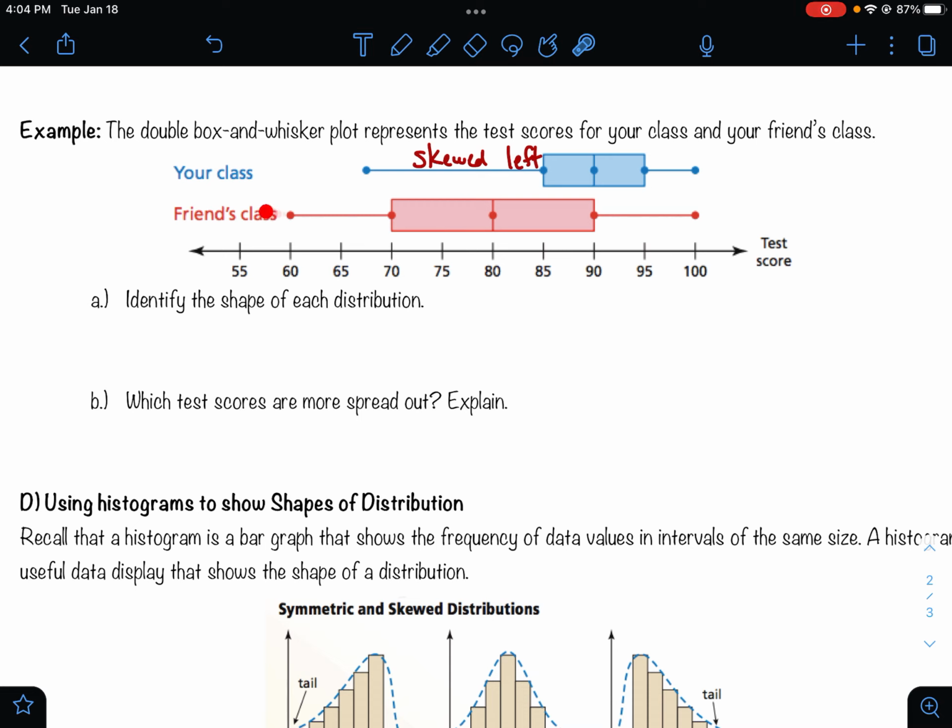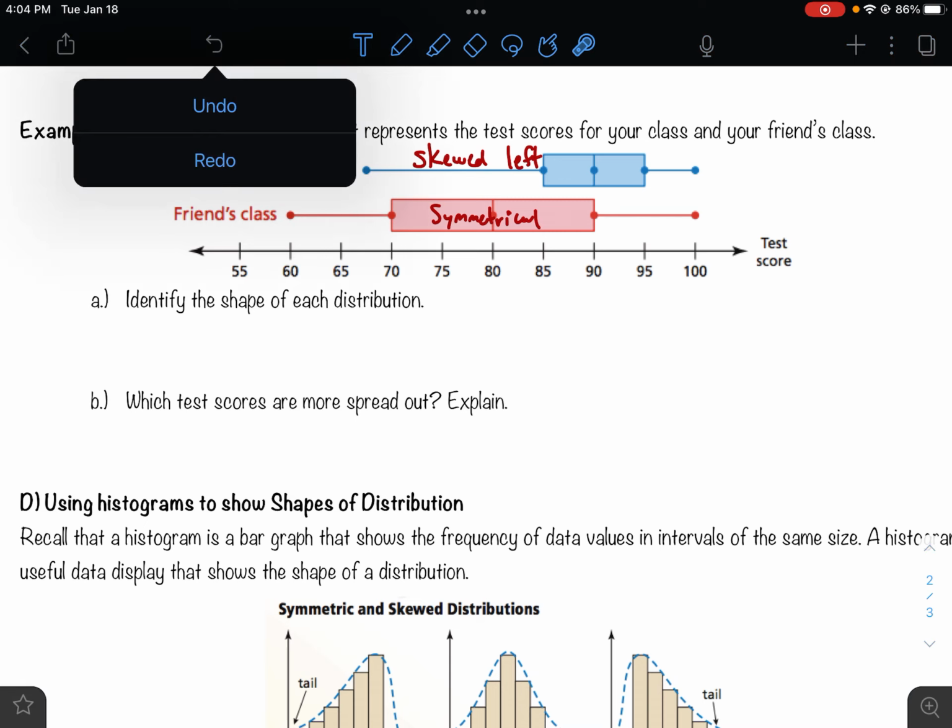Whereas your friend's class, this looks to be, you don't have to take out a ruler or anything like that, but it does look, though, it is pretty much in the middle, so this would be symmetrical. Which scores are more spread out? Again, that should be some common sense. Just look at them. Clearly, your friend's class has more spread out because it does have a larger range.